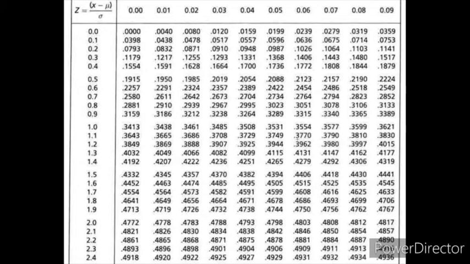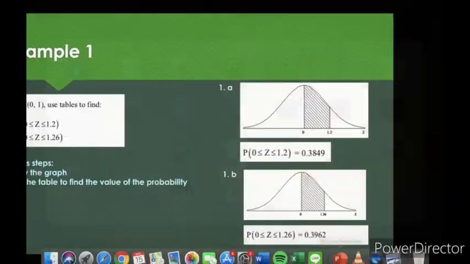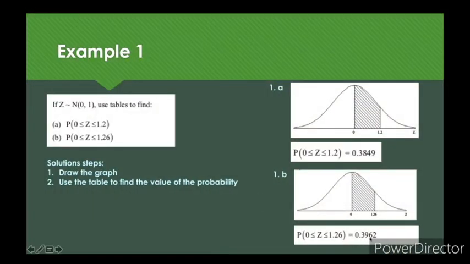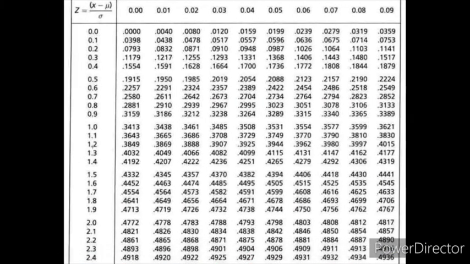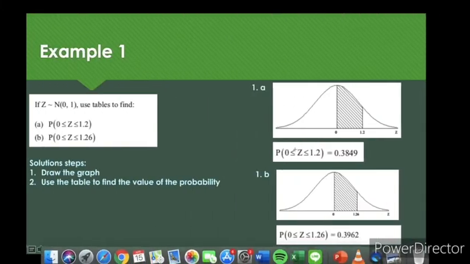This number shows the probability of z from 0 to 1.26, which is 0.3962. So for 1.26, go on the left to 1.2, then go to the right and look above 6. This number shows the probability of z from 0 to 1.26.